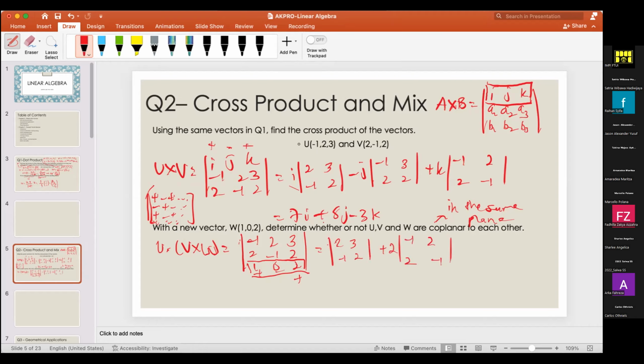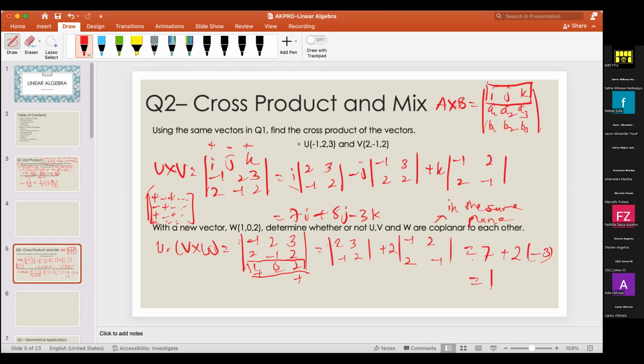And if you reference the previous one, we're going to arrive with 4 minus 3, that's 7. So this is 7 plus 2 times negative 3. And so the result is 1.